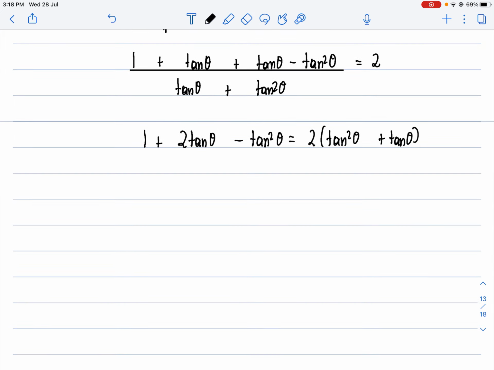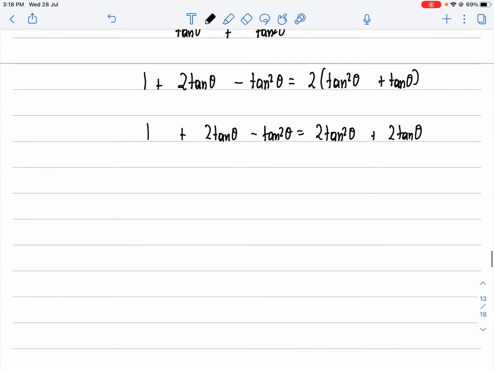So I can simply write this as 1 plus 2 tan theta minus tan square theta, which is equal to 2 tan square theta plus 2 tan theta.